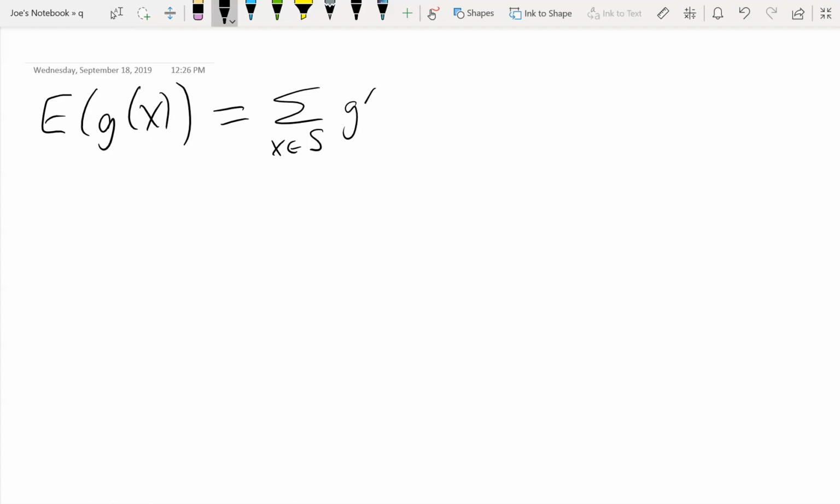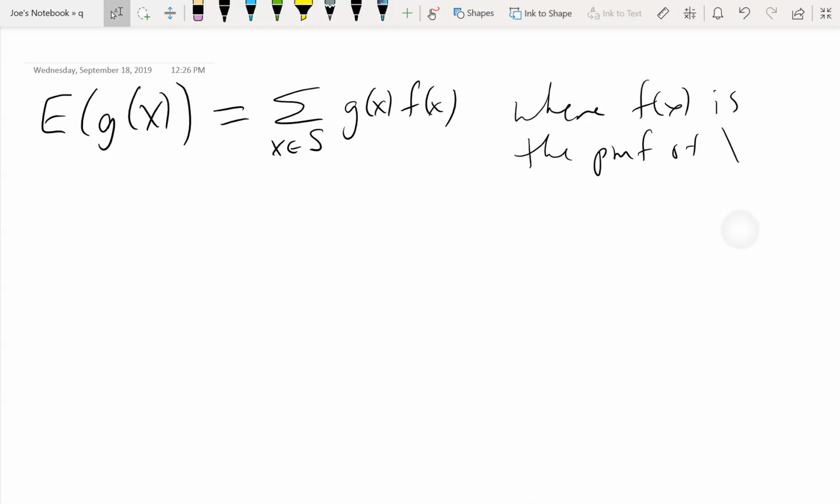Good. g of x times f of x. Remember, the f of x is your PMF of x.